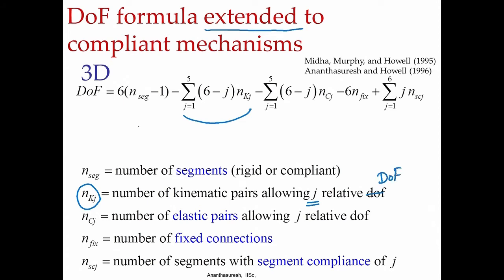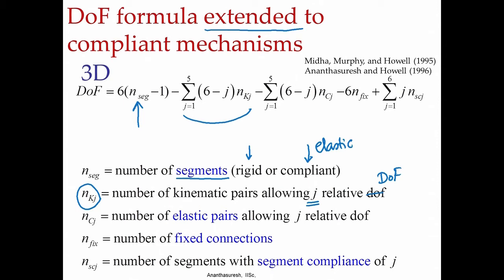But the difference is that here we do not just have n, but we have n subscript seg, meaning we have segments. We do not count bodies anymore, we count segments, and we say that these segments can be rigid, that is a traditional rigid link mechanism, or compliant or elastic segment. So, this will be elastic or compliant segments. You count all of them and that is your n seg.